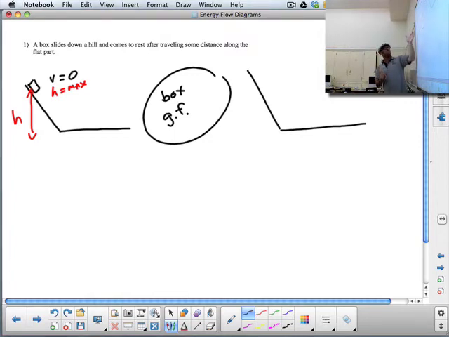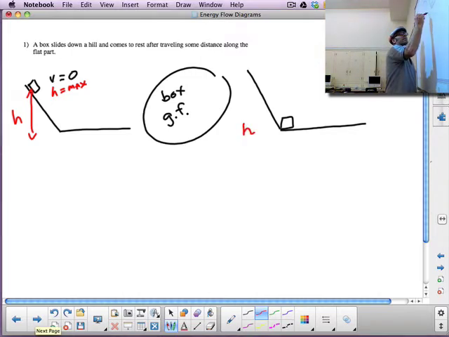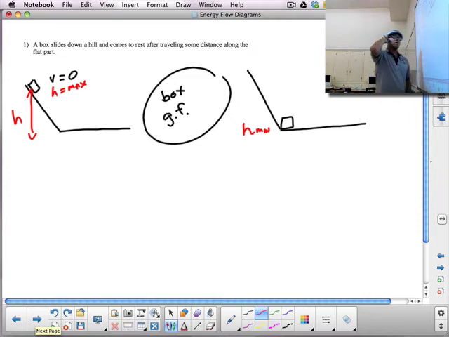Now, what's going to be the next interesting moment in time? That's a good one. Why? What's happened to our height? Maximum or minimum? So a lot of energy problems work this way, where our height is minimum. Okay, what can you tell me about the velocity?